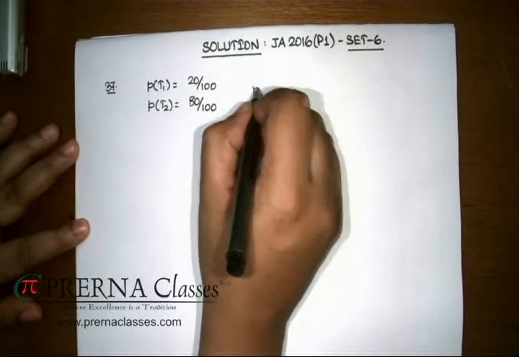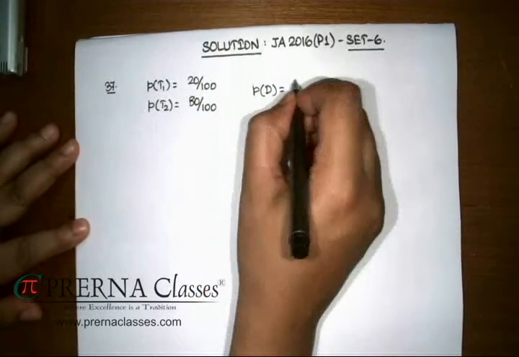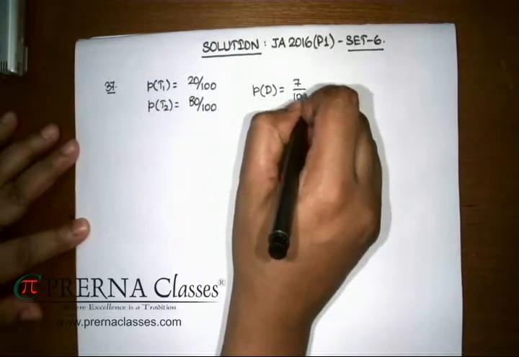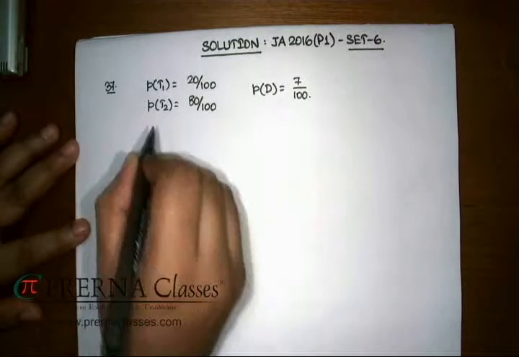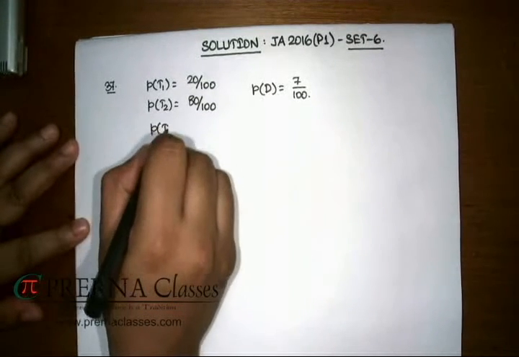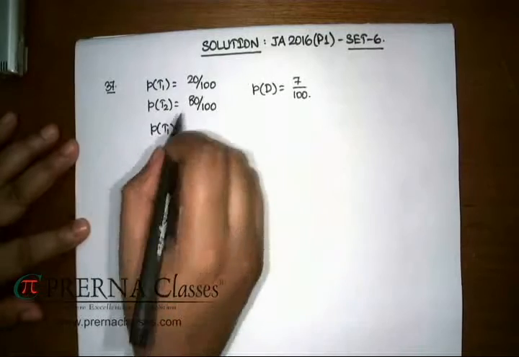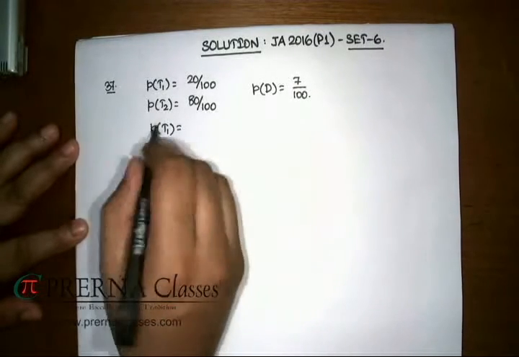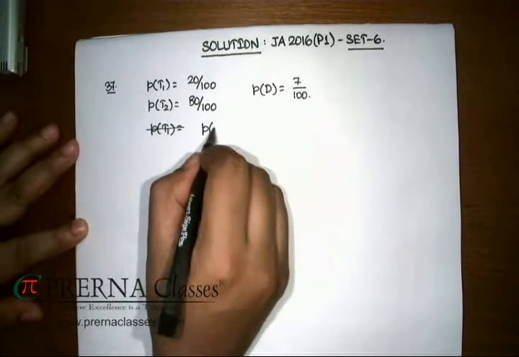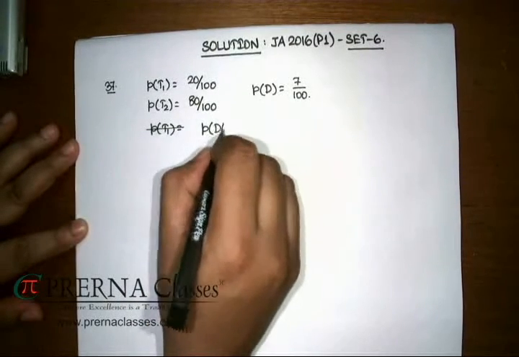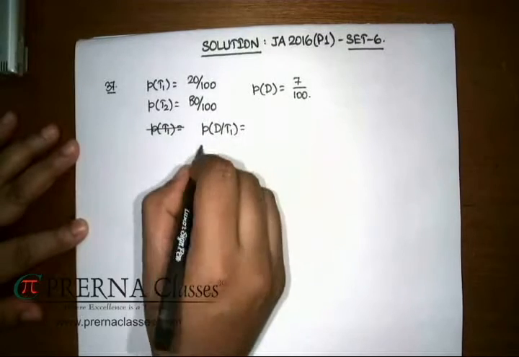Now clearly P of D is given to you as 7 by 100, and it's being told further that the probability that a computer turns out to be defective given that it is produced in plant T, it's not this probability, that should be D given T1 and D given T2.